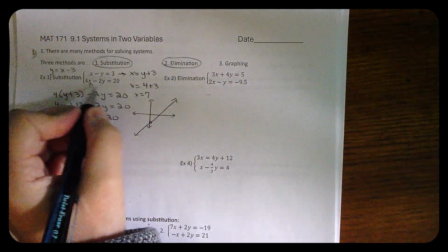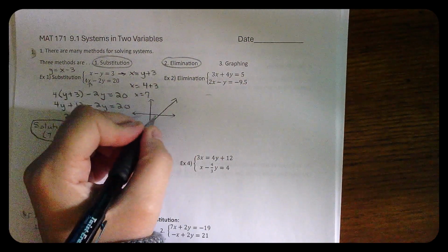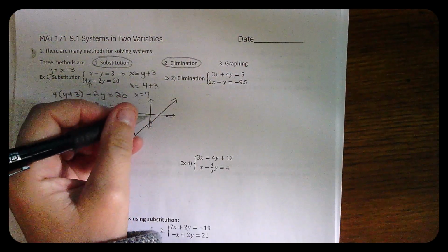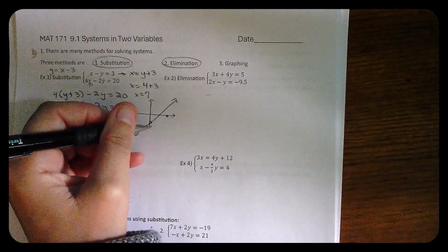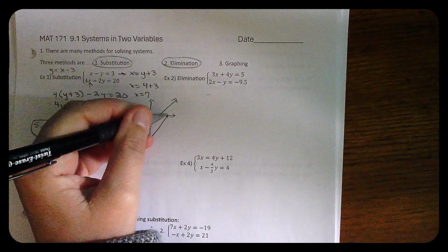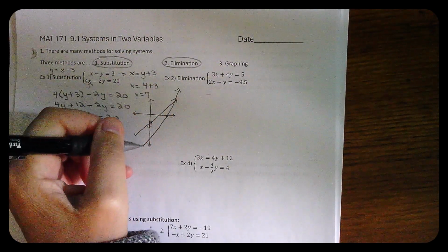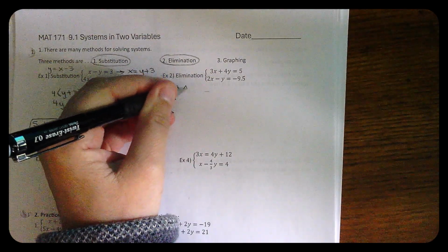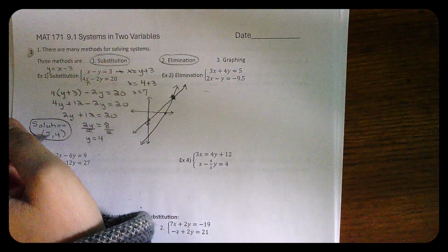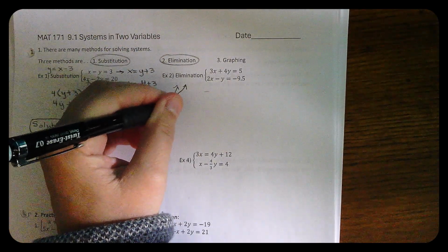And this, if we were to graph this, this has an x-intercept of 5 and a y-intercept of -10. And so it would look like something like this. So two lines would intersect. See this intersection? That's this point, 7, 4.